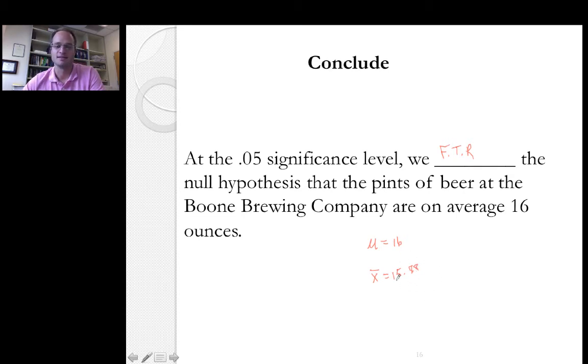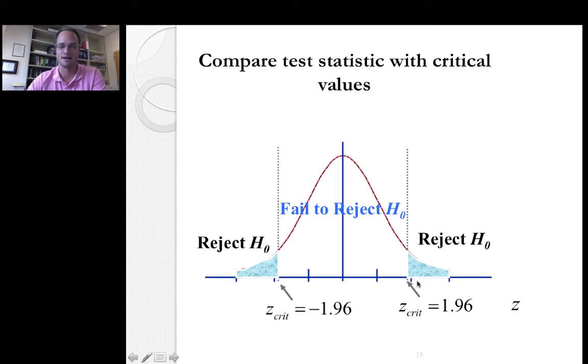We're allowing that this is due to chance, due to the fact that we're taking a sample from the population. If this was farther than 1.96 standard deviations outside of that 16, then we would say we're rejecting this. We're not going to attribute it to chance.